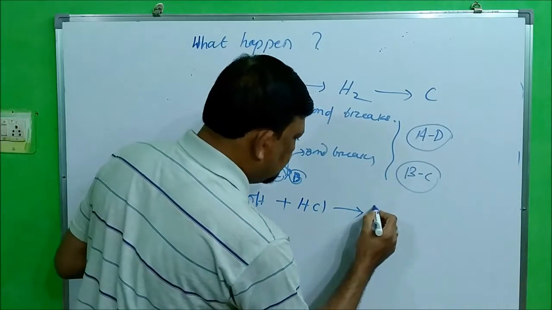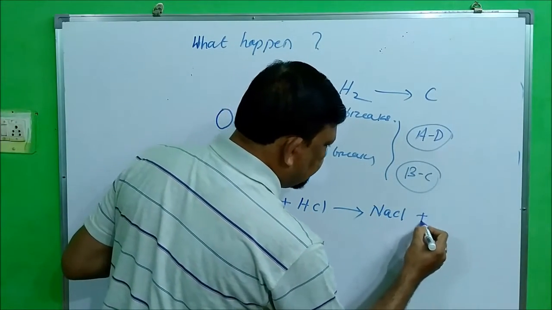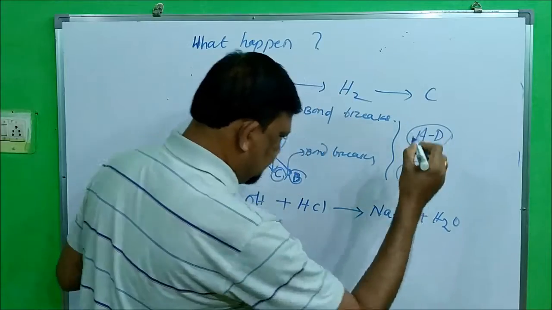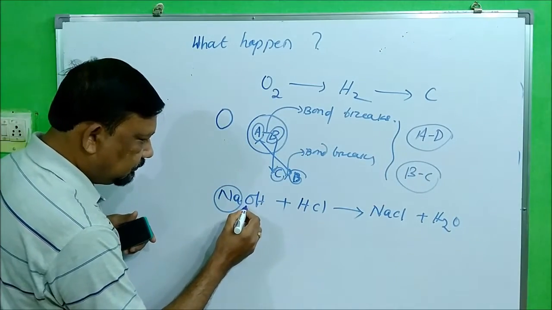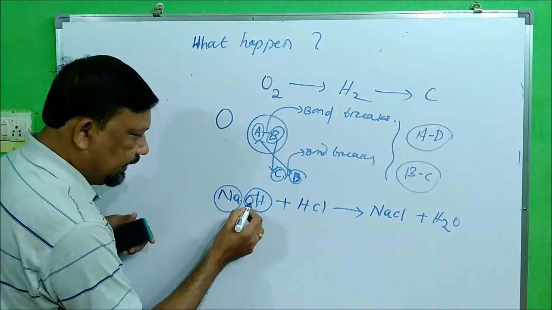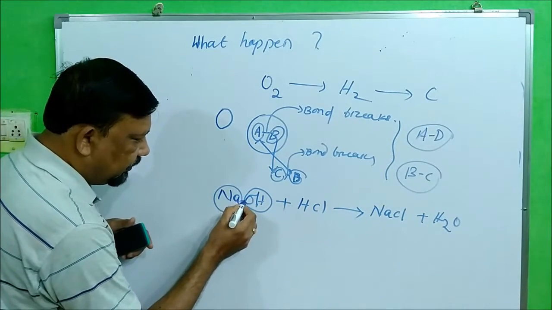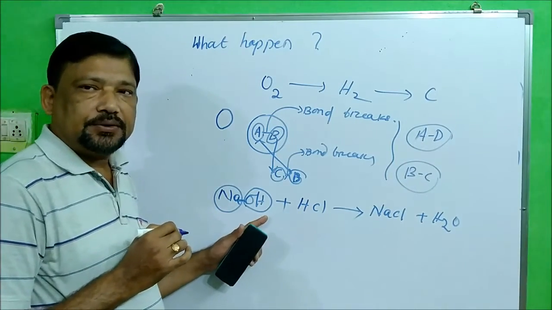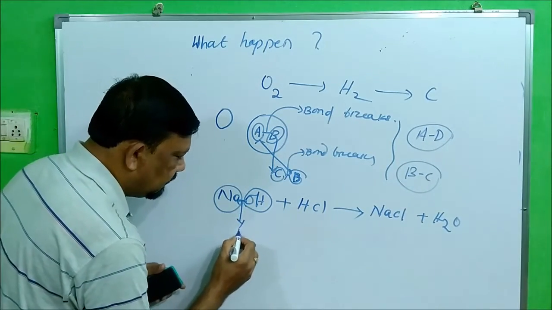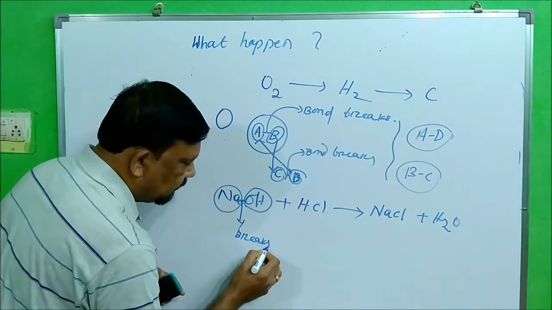Now they give sodium chloride plus water. What happens? Sodium is an atom, oxygen and hydrogen are two other atoms. There is a bond formed between sodium and oxygen, and oxygen and hydrogen. This bond breaks.